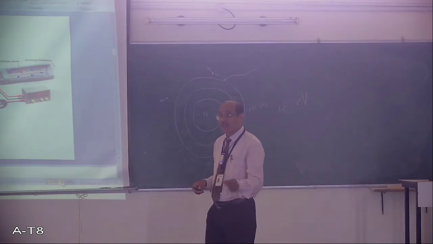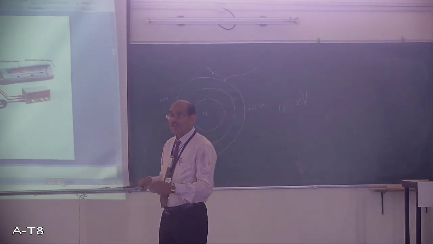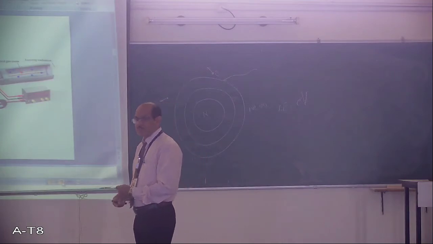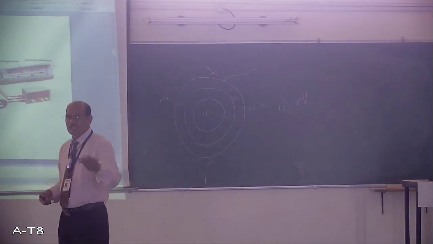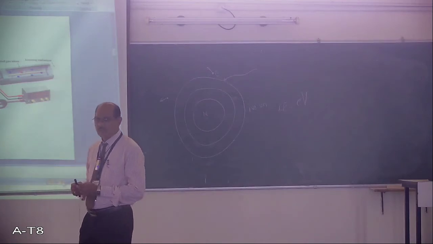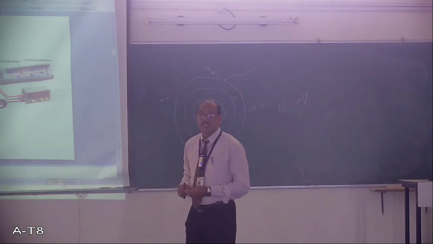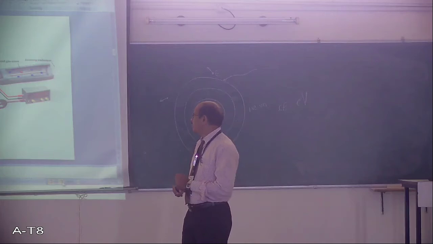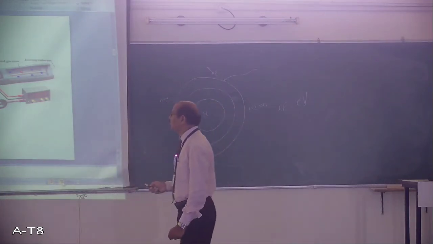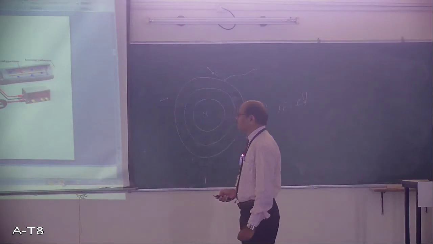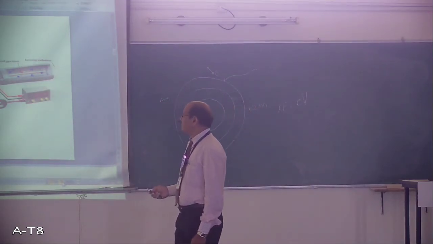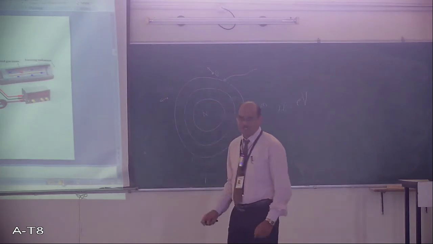When they hit the argon atoms, ionization of other atoms takes place again, so many electrons and positive ions are generated. This is called the avalanche effect. This kind of multiplication, increase of the charges, takes place. It is called avalanche effect or cascade effect.